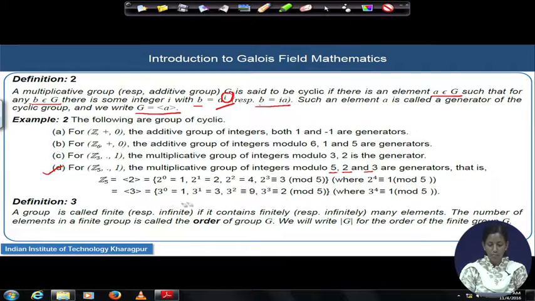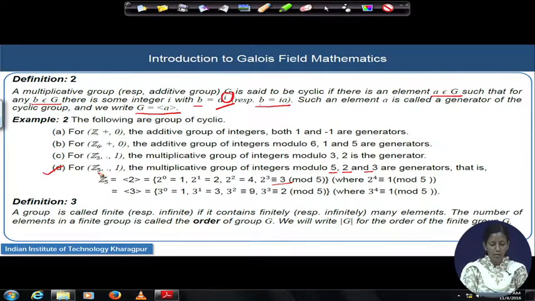You start like this: 2 to the power 0, and you keep on increasing the value of i equal to 0, 1, 2, 3. One by one you will get all the elements. 2 to the power 0 is 1, 2 to the power 1 is 2, 2 to the power 2 is 4, and 2 to the power 3 after the mod 5 operation: it is basically 8, but if you divide it by 5 you end up with remainder 3.